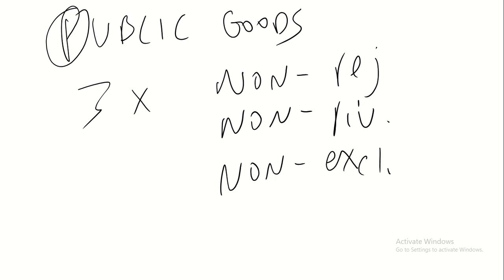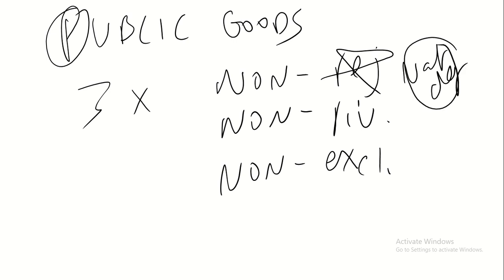So what we mean about each of these is, if something's non-rejectable, you can't stop yourself from consuming the good or service. So for example, national defence, the army would be an example of something that's non-rejectable. You can't stop yourself, if you live in the UK, from being protected by the Navy or the British Army abroad. So that's a public good.